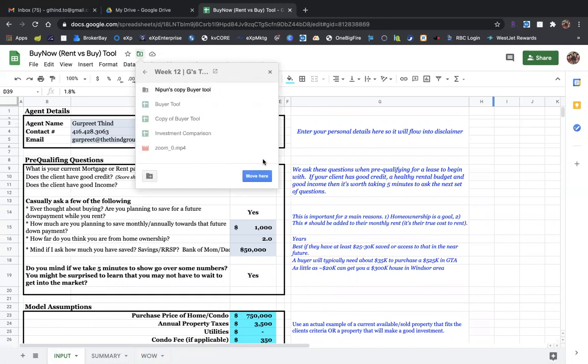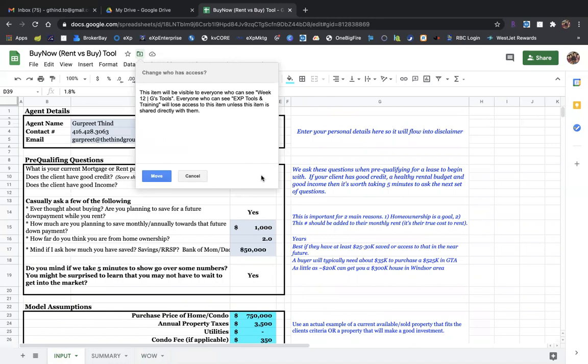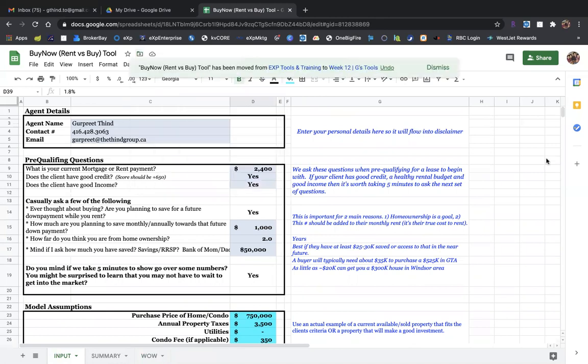I'm putting it in week 12, okay, guys? So you should see it in a minute or so. Just make a copy if you're going to be inputting yourself, just so you won't override what I'm showing everybody here. Again, at the top here, you can put in your information just so it flows through to the next page.